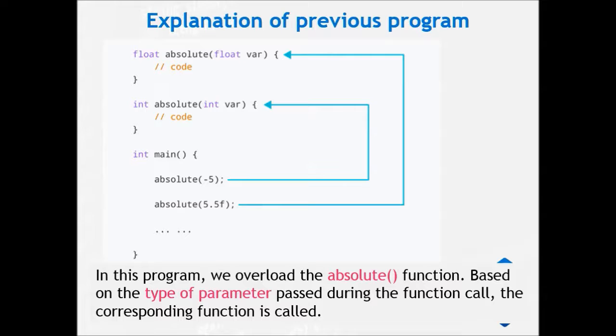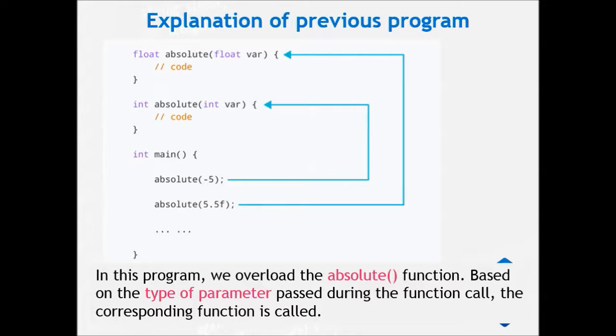So here is the explanation of the previous program. In the main program, when we call the function absolute(-5), the control goes to the int absolute(int var) function.